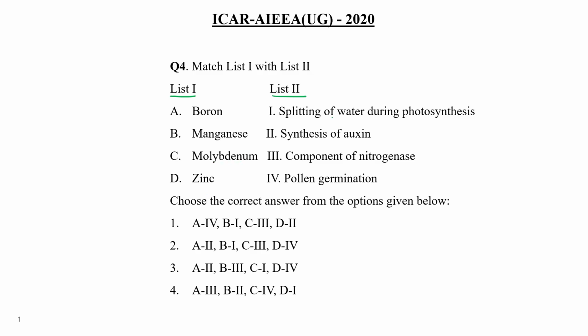And here splitting of water during photosynthesis, synthesis of oxygen, component of nitrogenase, pollen germination. Tell me the correct answer. So just take 5-second time. After that, we will discuss the correct answer.